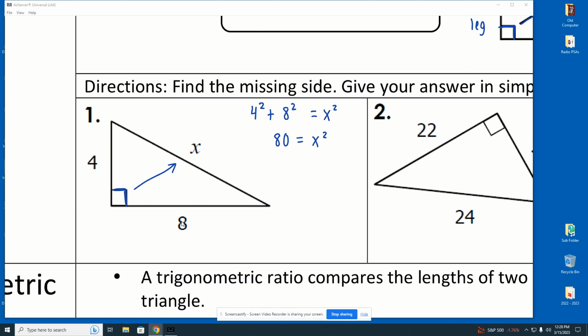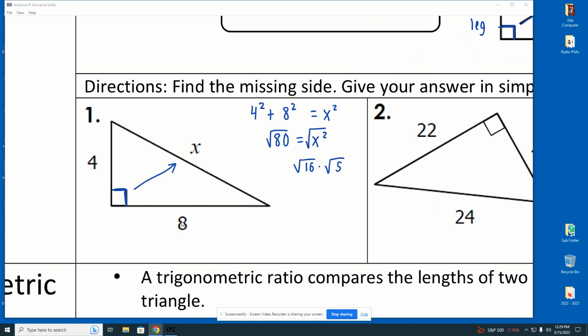How do I get x alone? We take the square root. Check and see if that's a perfect square. You probably already know that it's not. So we're going to break it down, and that's exactly right, Eugene. We're going to find the biggest perfect square that goes into 80. And the biggest perfect square that goes into 80 is 16. 16 goes in there 5 times. Remember how we checked that? We divide 80 by 2, 40.